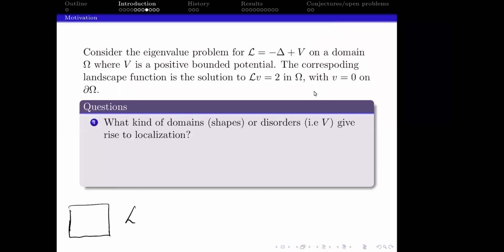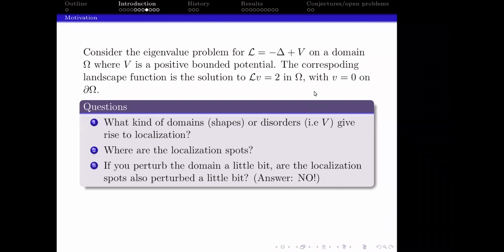You look at this operator L on a square. What kind of V do you have to take so that eigenfunctions of L exhibit localization? And we want to understand, where are the localization spots?